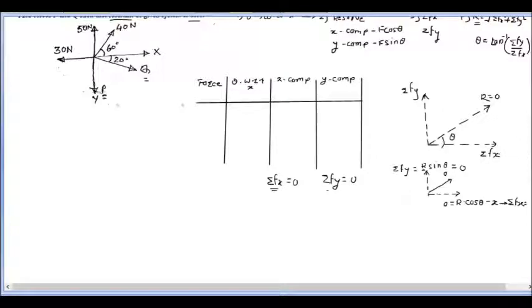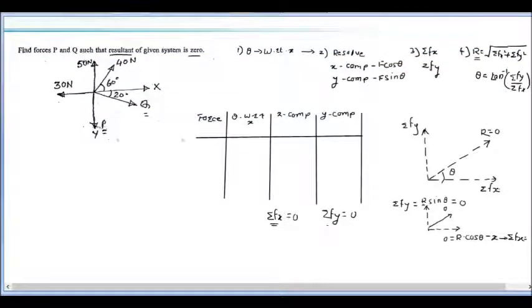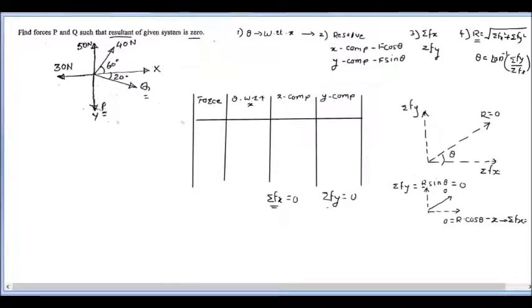Okay, now once we have these equations, we are not applying any different method here. We are going with the conventional method only. The only thing is, whatever parameters we know, those parameters only we are using. First of all, we'll list out all these forces.